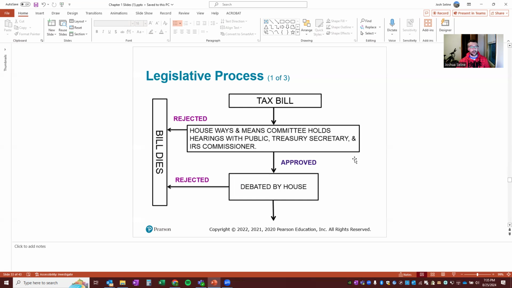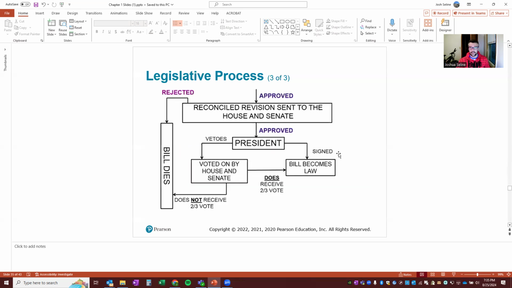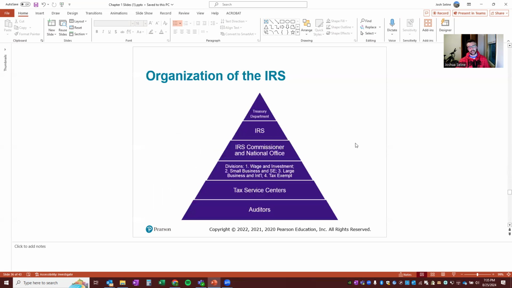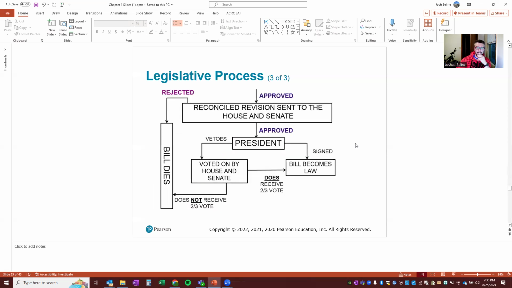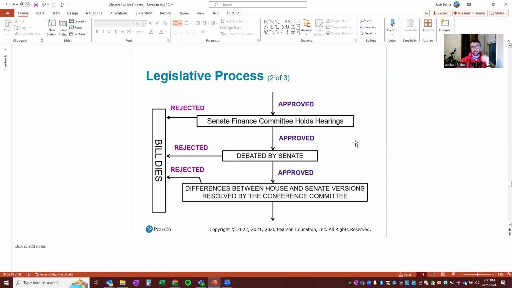I'm not going to go through all of these steps, but I would say print this out and understand how it starts, where it goes at each step, and when it can die. There's a lot of steps to it. If you understand the general concept, you'll be fine.